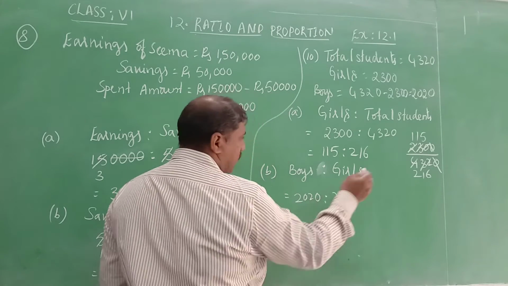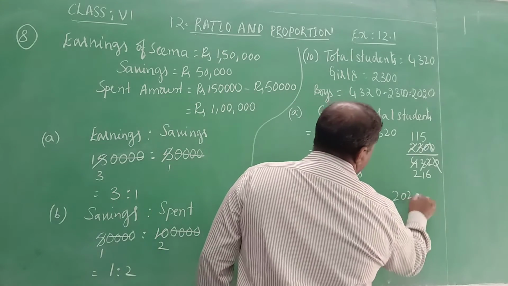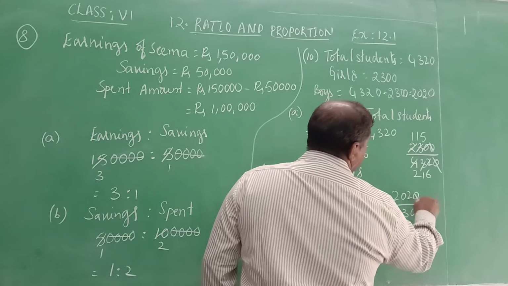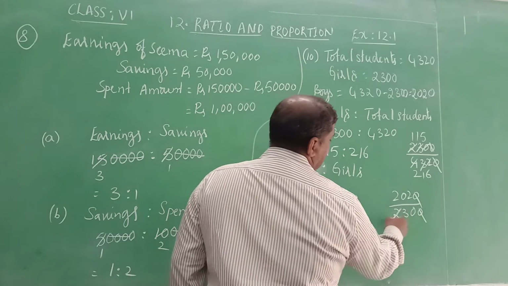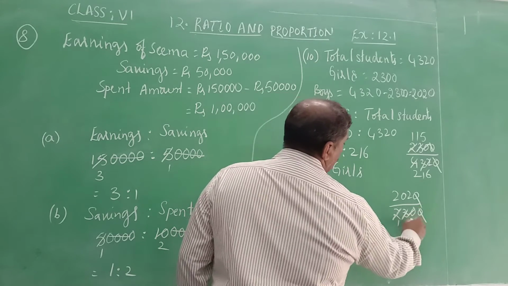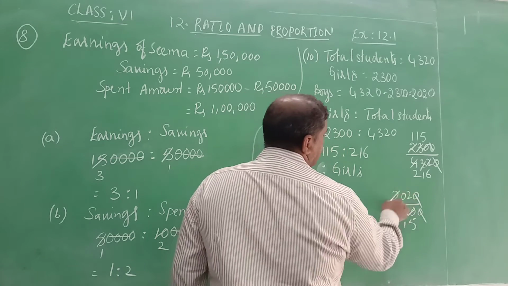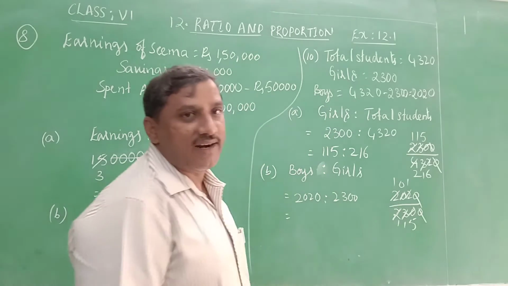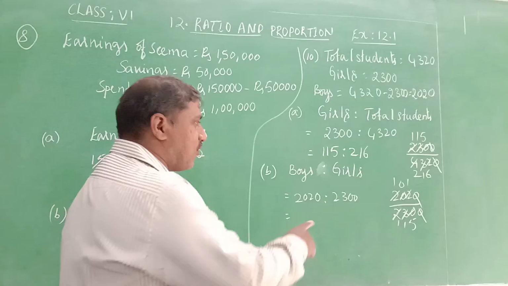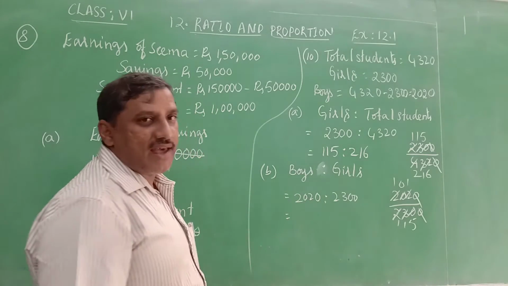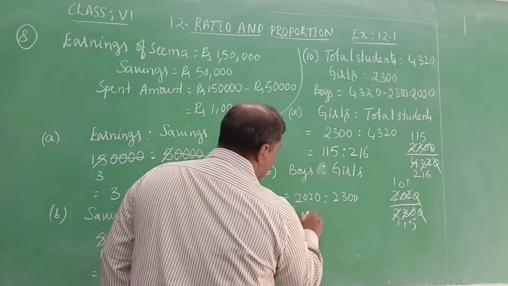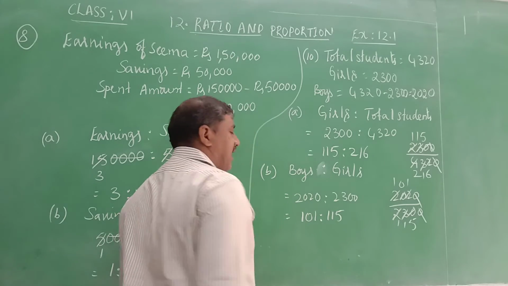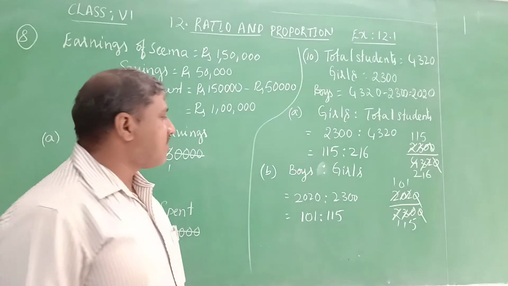So find the ratio: 2,020 divided by 2,300. 0 and 0 cancel. 2 1s are 2, 2 1s are 2, 2 5s are 10. This is 2 1s are 2, 2 zeros are 0, 2 1s are 2. 101 is a prime number. Therefore they are not divisible by any number other than 1. Therefore the ratio is 101 is to 115.